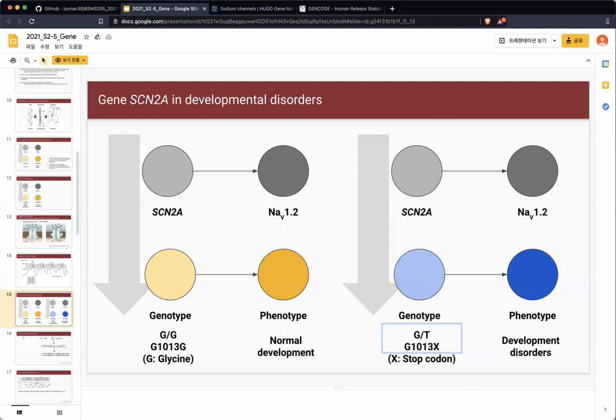So we couldn't really pinpoint one disorder as occurring from this mutation. It actually impacts many different aspects of development. But anyhow, the stop codon is working in the phenotypic development, right? I hope that answers your question.